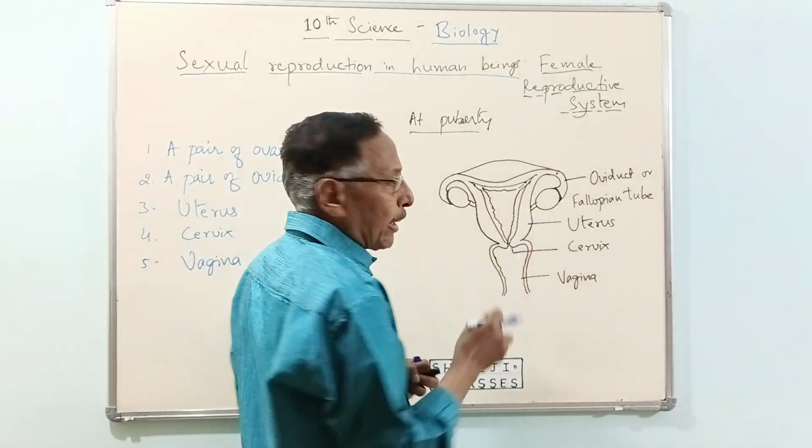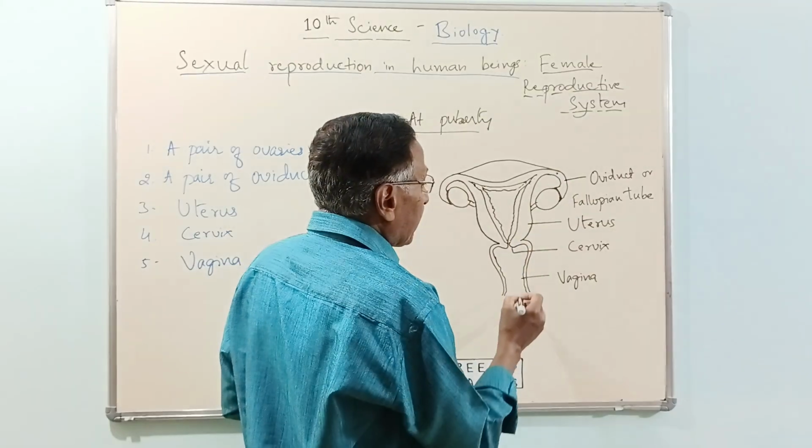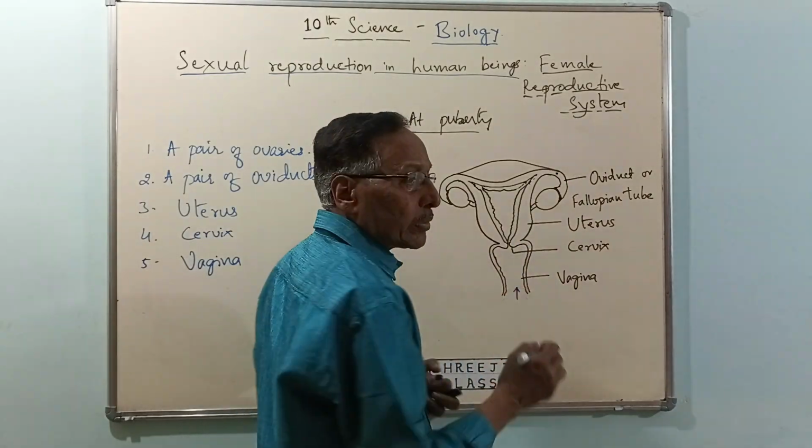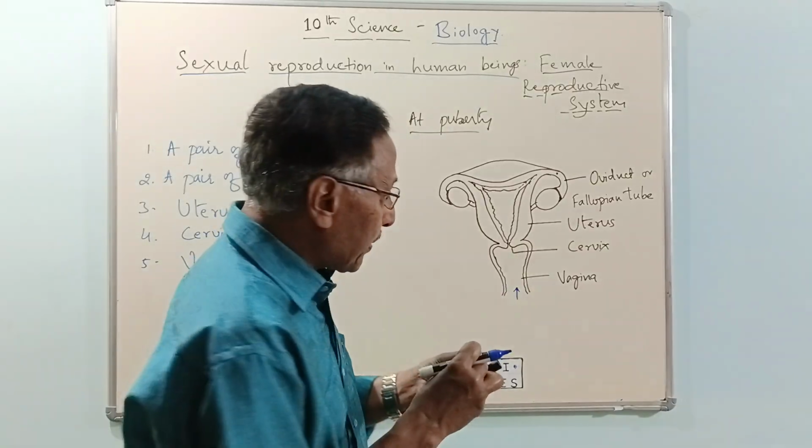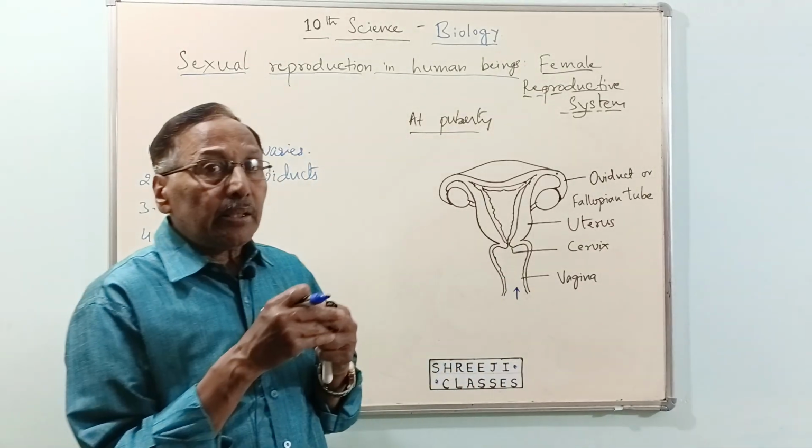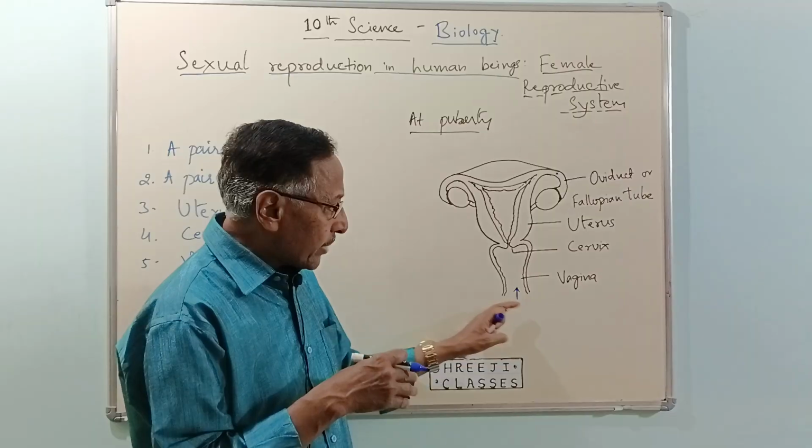During its stay in the fallopian tube, if there is sexual intercourse, if copulation takes place between male and female, sperms are released into the vagina.